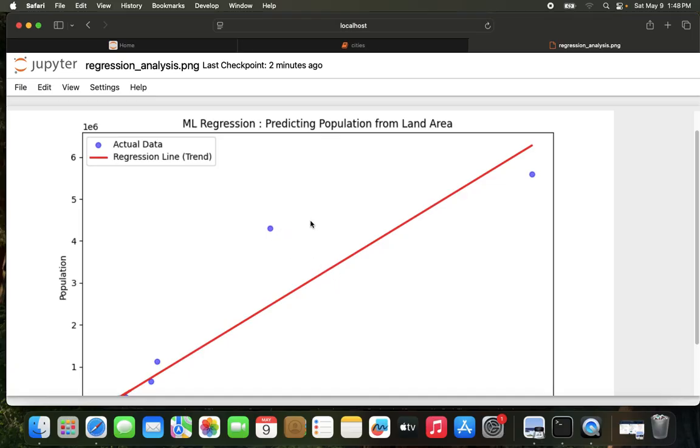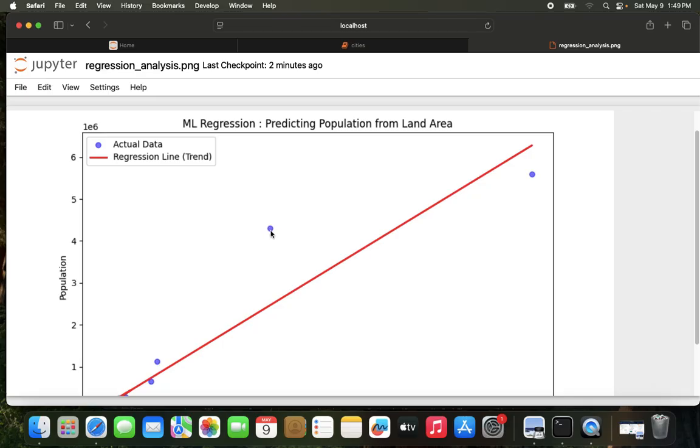This trend, the red line, shows the general growth path for Ghanaian cities. I don't think I've mentioned that, but anyway, this red line is the trend. So this city above here, I think this is Kumasi.